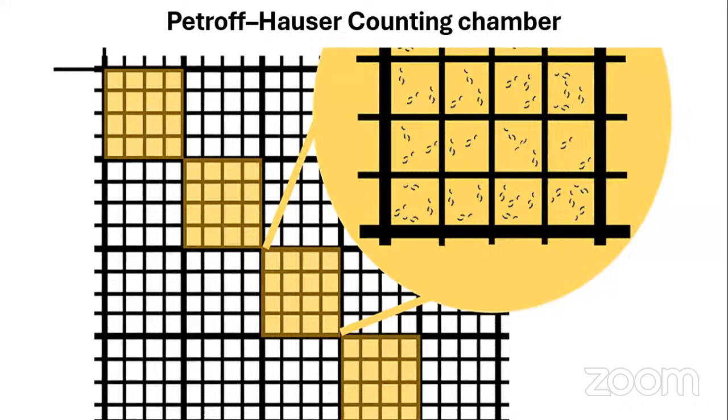Then we can give an estimation of the bacterial cells. This is how the counting chamber looks like, and it allows us to count based on the grid, those that appear within the grid.